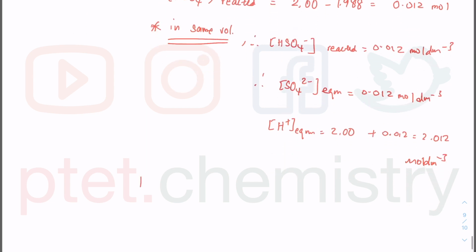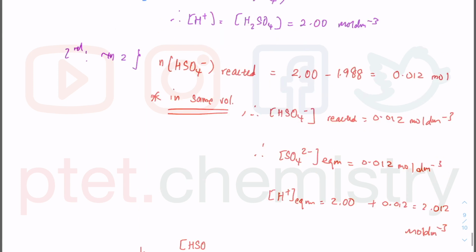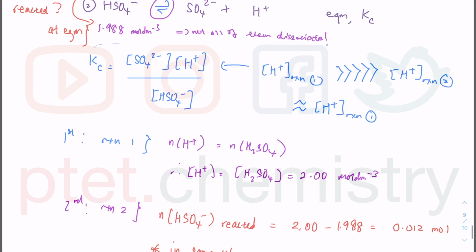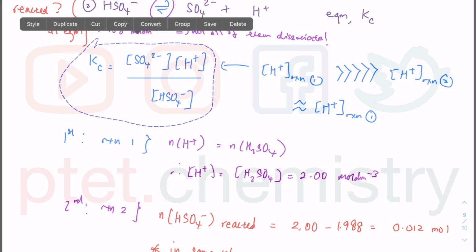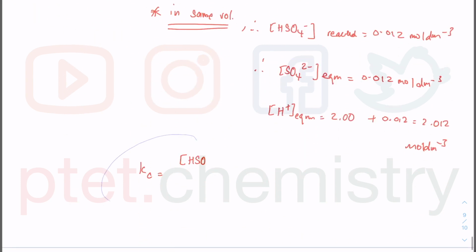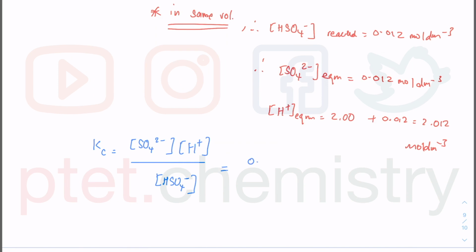So I could sub all of this into my Kc expression. I've got the expression on top there, I'll just copy paste it. Remember that in the multiple choice, you really only have 1 minute for each question. So I've actually spent a lot more time on these just to try and get you to see the underlying concept. But there's where the 0.012 comes in. That's where this 2.012 comes in. And then you get the amount of HSO4- present in equilibrium.